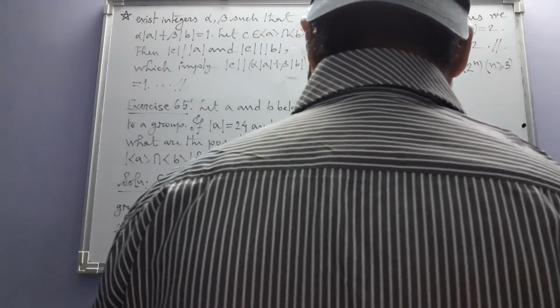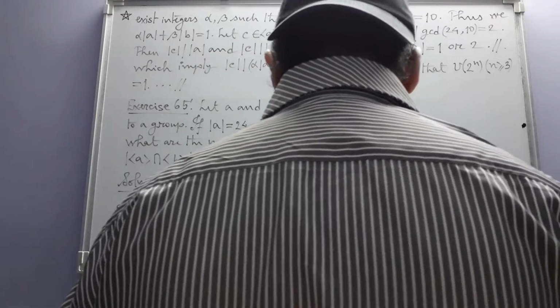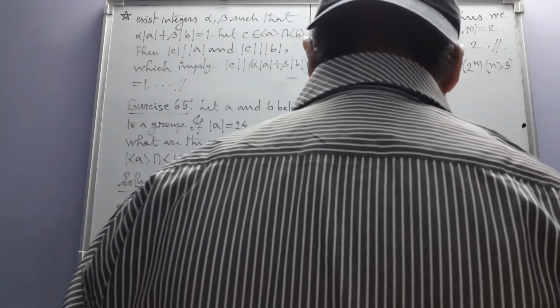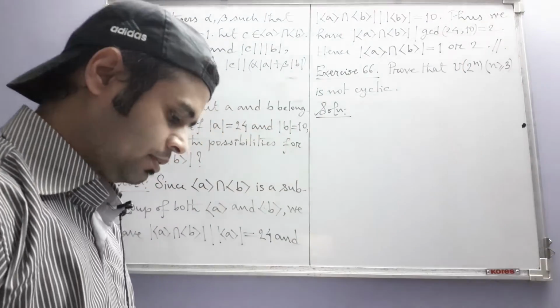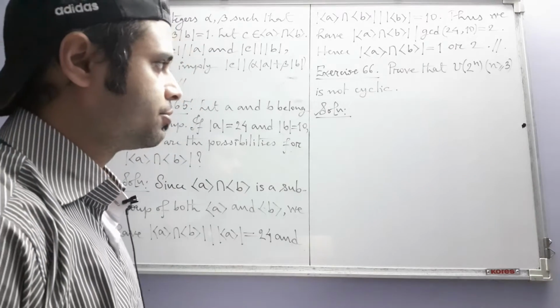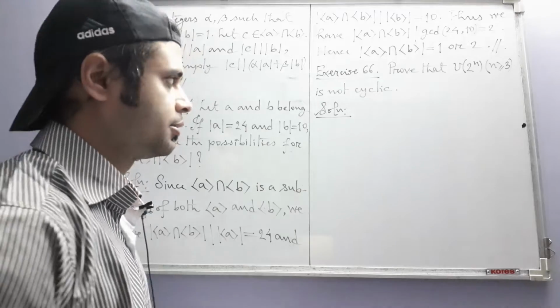Okay, now what can we possibly do here? We will try to show that being a cyclic group leads to some sort of contradiction.